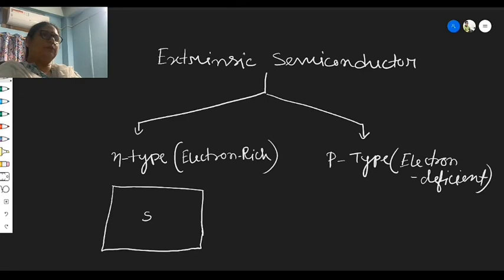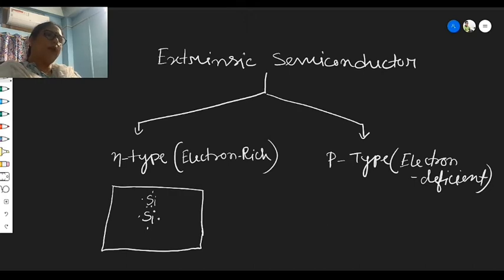For example, say we have a crystal lattice of silicon. Silicon is present in group 14, and in the outer shell we have 4 electrons. These are the 4 electrons of silicon.